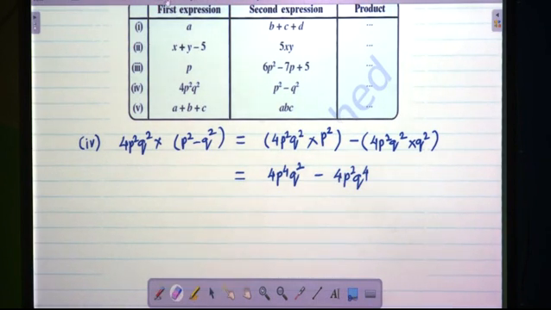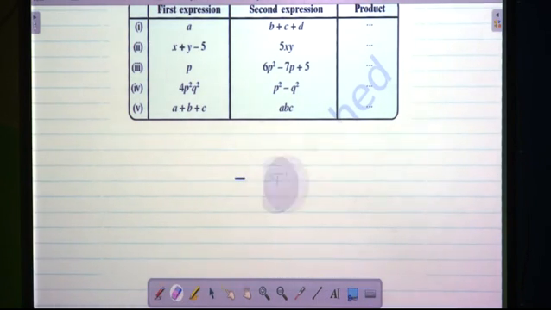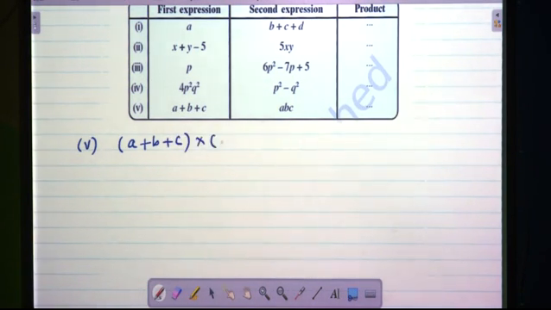Now, let us solve the fifth sum. What is the fifth sum? First expression is a plus b plus c multiplied with second expression abc.